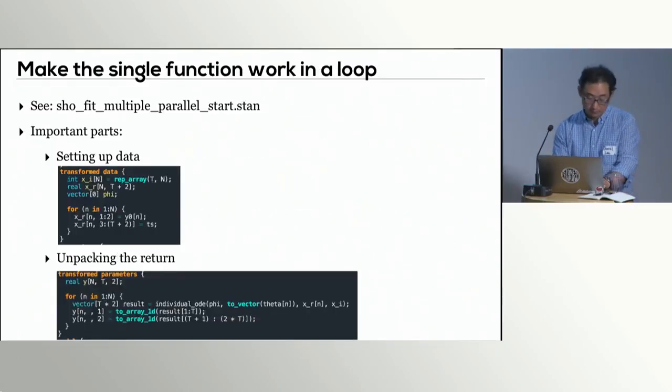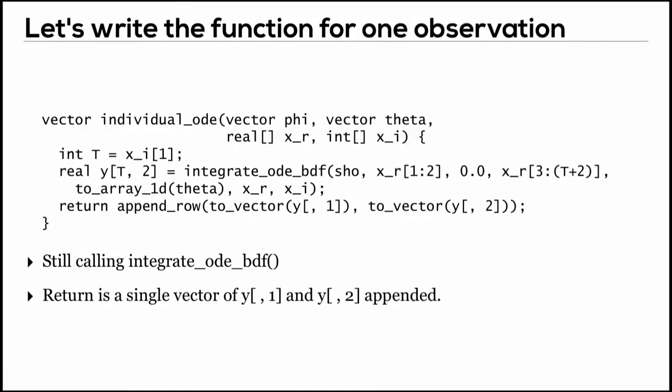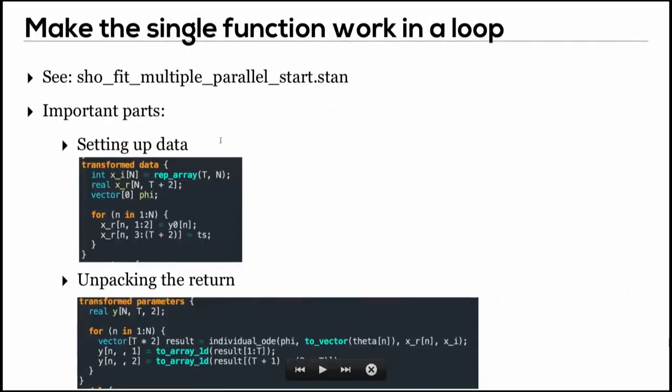So if you want to see this, we can look at show_fit_multiple_parallel_start.stan. This doesn't quite get all the way to the map_rect. This exercise is using this integrate individual ODE function.